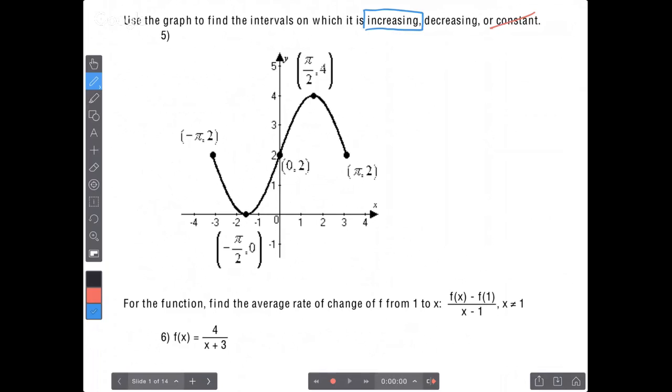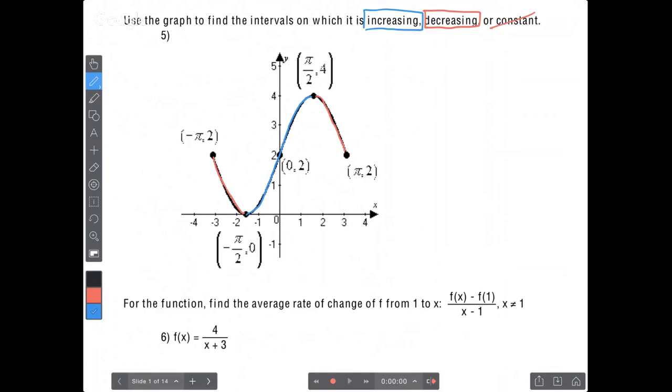That means going up from left to right, on that stretch. And then it's decreasing on that stretch and that stretch. Decreasing means going down from left to right.